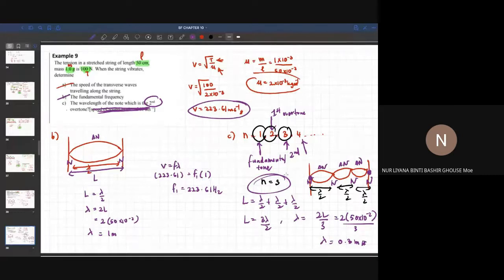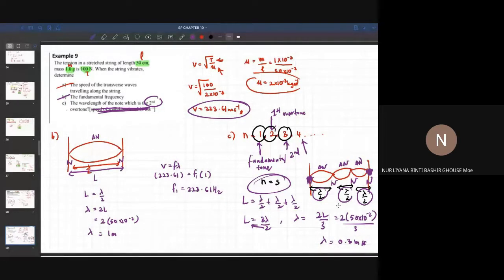When n equals 3, we draw 3 loops. We label each loop as lambda over 2. So lambda over 2, lambda over 2 and lambda over 2. The total length from this end to the other end is lambda over 2 plus lambda over 2 plus lambda over 2, so total length is 3 lambda over 2. When we rearrange, we multiply by 2 and divide by 3, so lambda is 2L over 3.